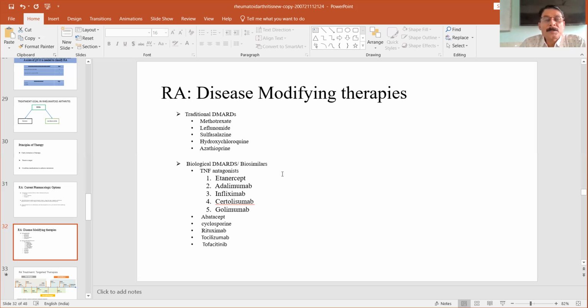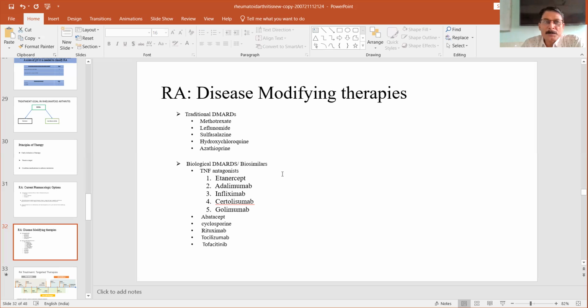So among DMARDs, we all know methotrexate, leflunomide, sulfasalazine, hydroxychloroquine, azathioprine, so many drugs are there. But out of these, methotrexate is considered to be the best one, which can be given orally or as an injection. It is usually better given subcutaneously if absorption is questionable. It is said that in normal situations, whether you give it subcutaneously or orally, the result is almost the same.